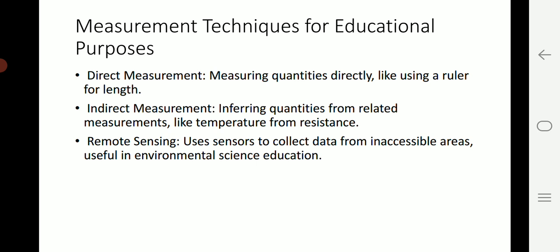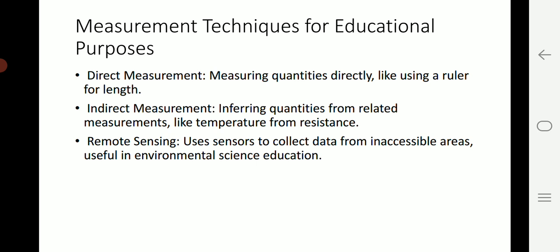It means we can't touch temperature, resistance of a conductor, or air, like oxygen, nitrogen, etc. Those are all called indirect measurements, because everything has some measurements, right? How we can measure indirectly, that is what we call indirect measurements.